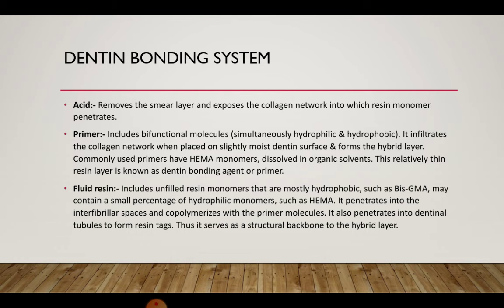The fluid resin penetrates into the interfibrillar spaces and copolymerizes with the primer molecules. And along with that, it also penetrates into the dentinal tubules to form resin tags. Thus, what does the fluid resin do? It serves as a structural backbone to the hybrid layer that is formed by the primer.